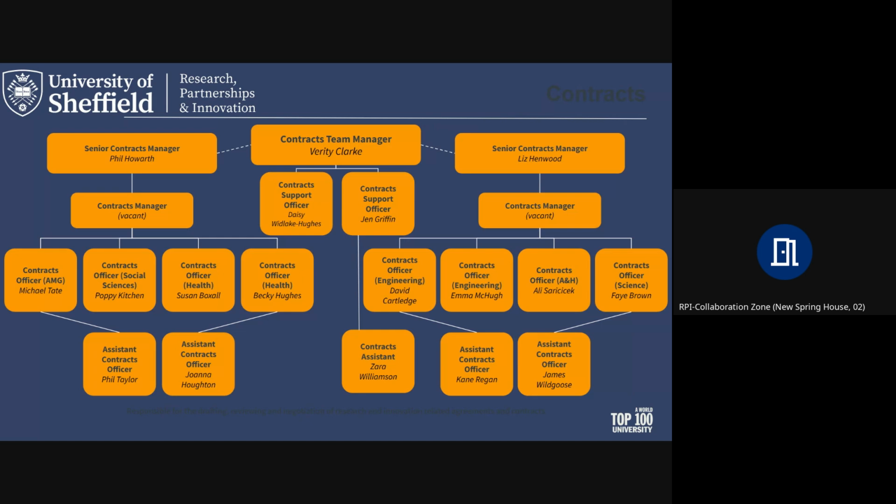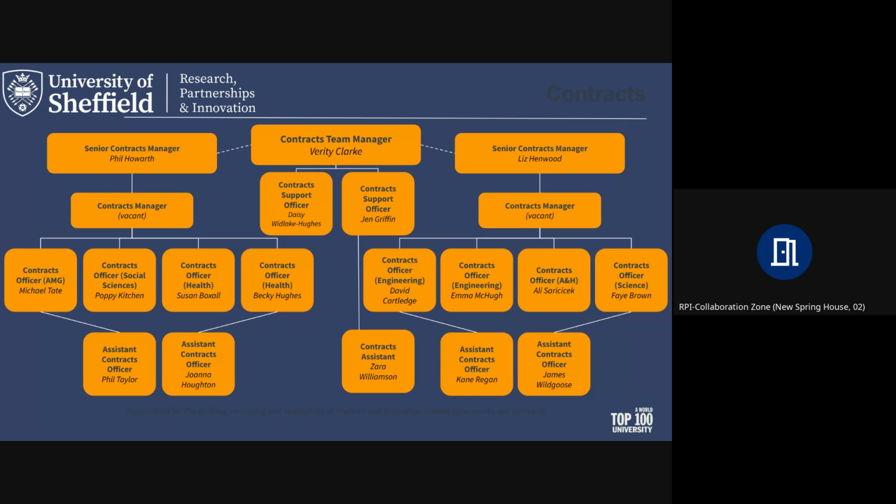Our previous senior contracts managers both decided to leave the university at the same time, independently, within the last couple of months because of the recruitment freeze. It's taken us a while to reappoint, but Phil and Liz were appointed a couple of weeks ago. They were our contracts managers, so their positions are now vacant. We are very fortunate that we've been given permission to recruit to those posts.